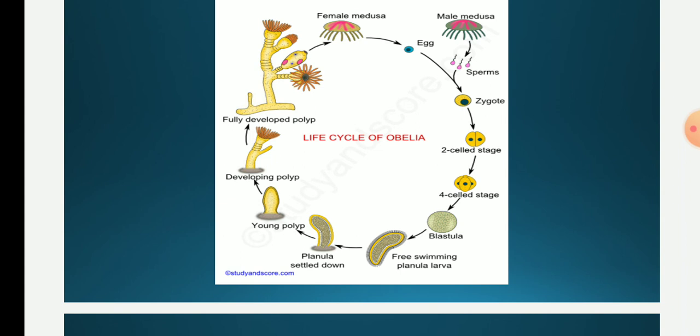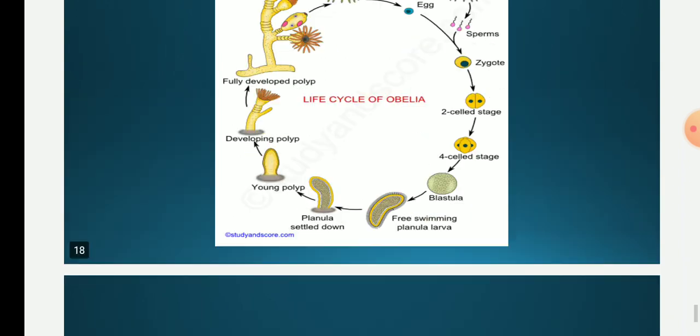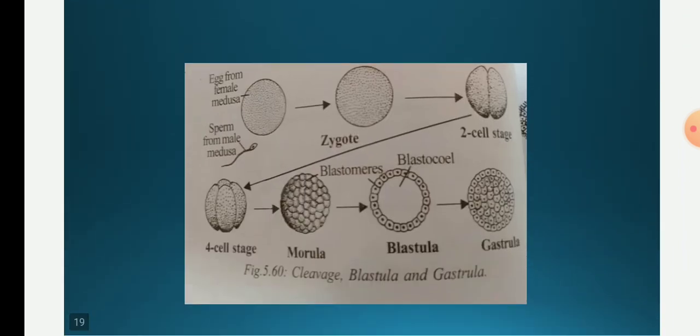This zygote then undergoes cleavage. What type of cleavage is it? The cleavage is holoblastic and equal. The zygote divides into two cells, then two cells again divide into 4, followed by 8, 16 and 32, and thus give rise to the morula stage.